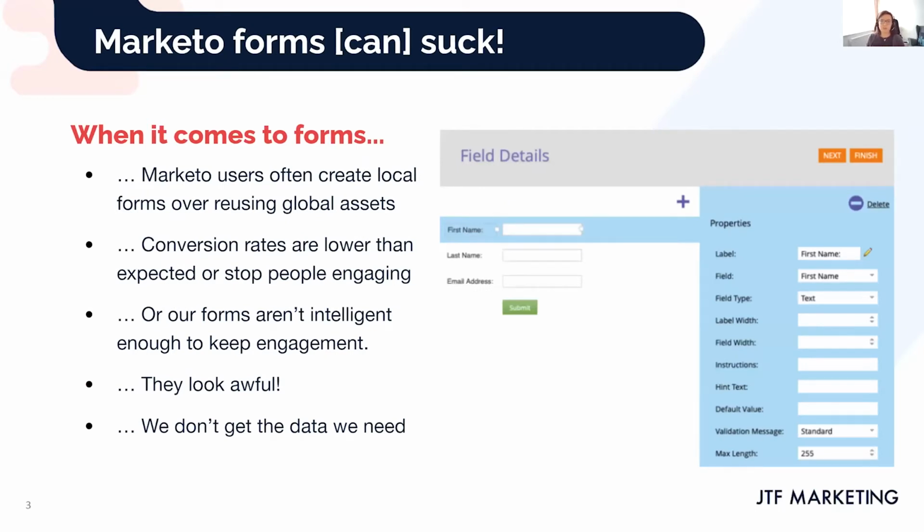Whilst Marketo forms can suck sometimes, and we all know they do, they're not inherently bad, and they can help us get smarter journeys. I started my Marketo journey about 4 or 5 years ago, and I didn't really understand why I needed to use global forms versus local forms.